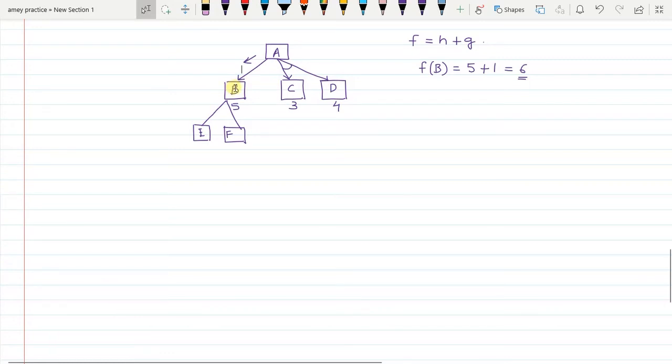Now suppose B is not a goal node, then B is expanded further. Suppose after expanding B, two nodes are generated. Suppose E has heuristic value 4 and F has heuristic value, say, 5.